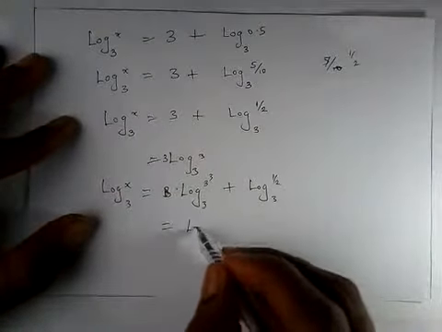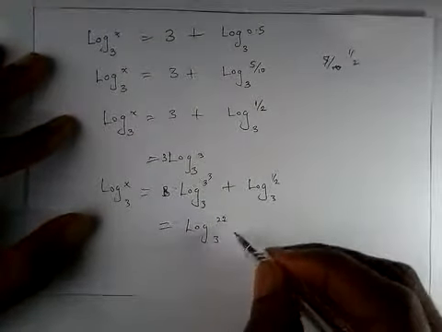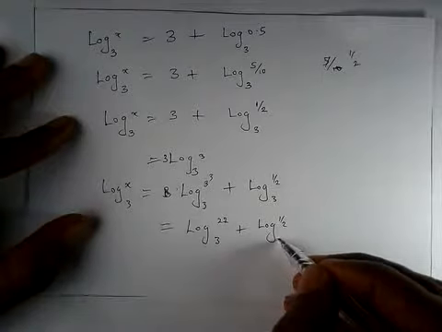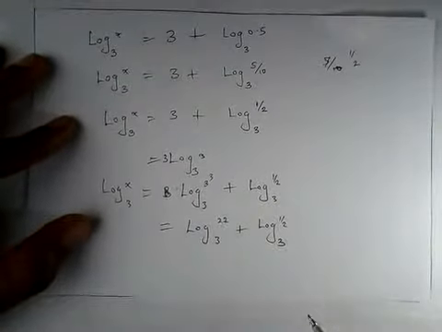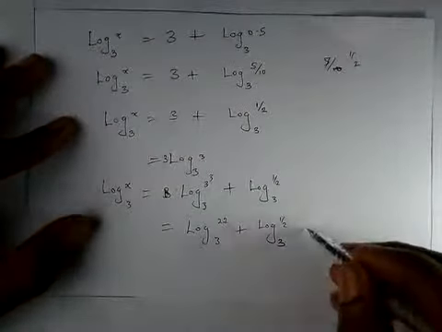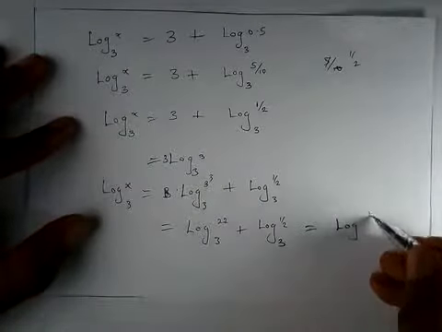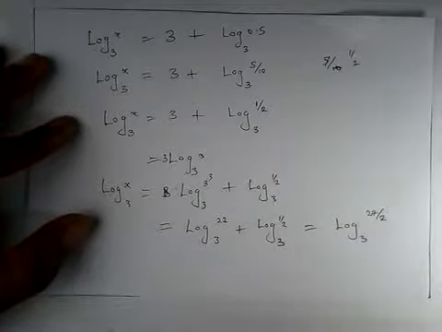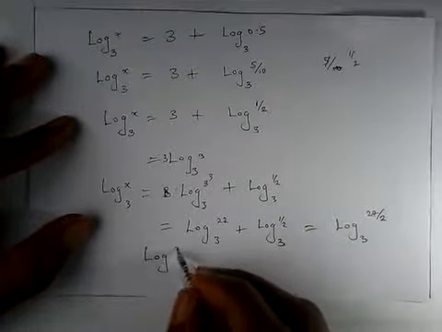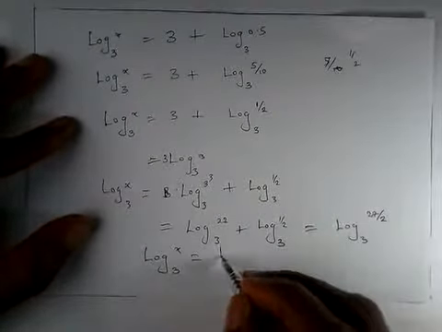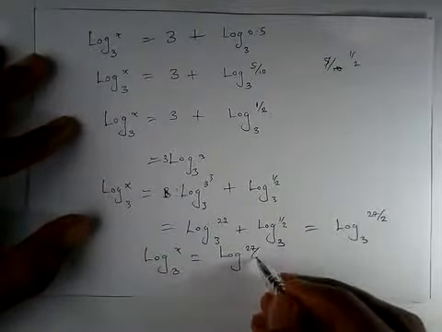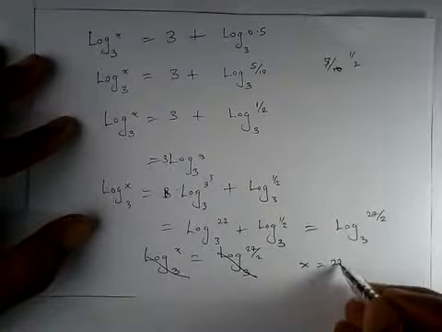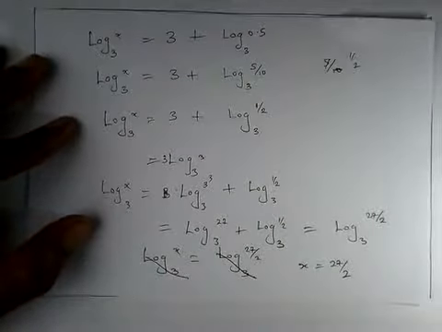Now this is 27, so that gives me log 27 to base 3 plus log 1 over 2 to base 3. Now when you have plus, you times, so that's log 27 over 2 to base 3, meaning that log s to base 3 is equal to log 27 over 2 to base 3. This cancels this, s is equal to 27 over 2.